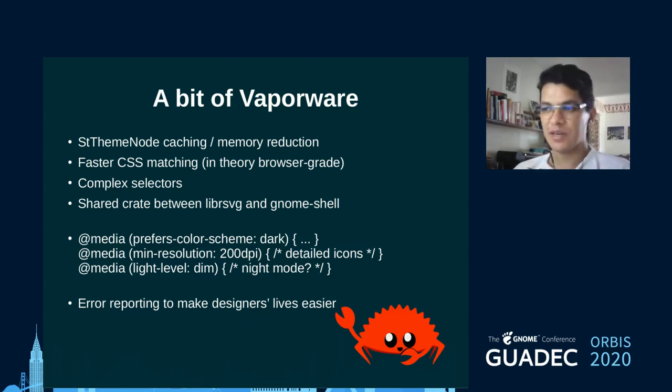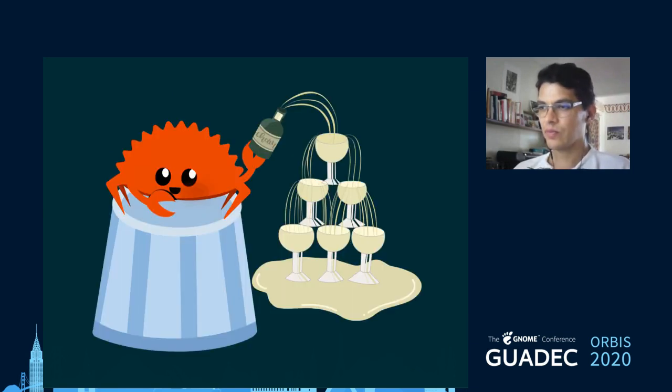Give me a listing of all the parsing errors, or which properties got cascaded where, to make a CSS Explorer like in web browsers. I don't know, but to have better error reporting to make designers' lives easier. All of this is vaporware. It doesn't exist yet, but we'll get there. Rust fortunately makes this fairly nice to do.